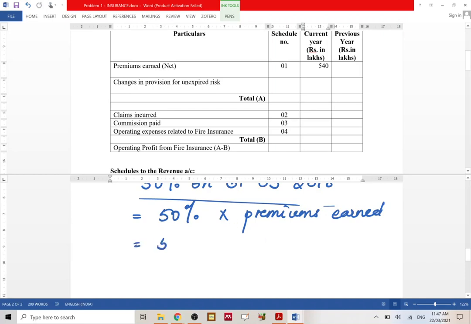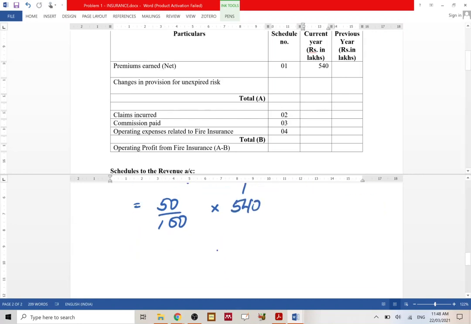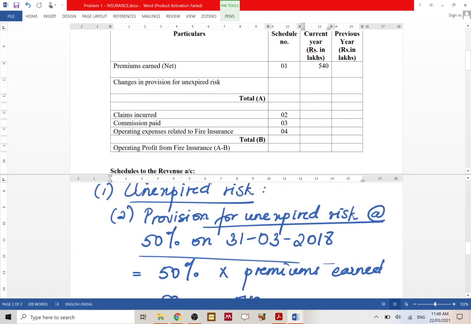In our case, our premiums earned are 540, so 50% of the 540 we get 270. Understand that this is in lakhs. So 270 lakhs is our provision for unexpired risk for the current year ending on 31st March 2018.